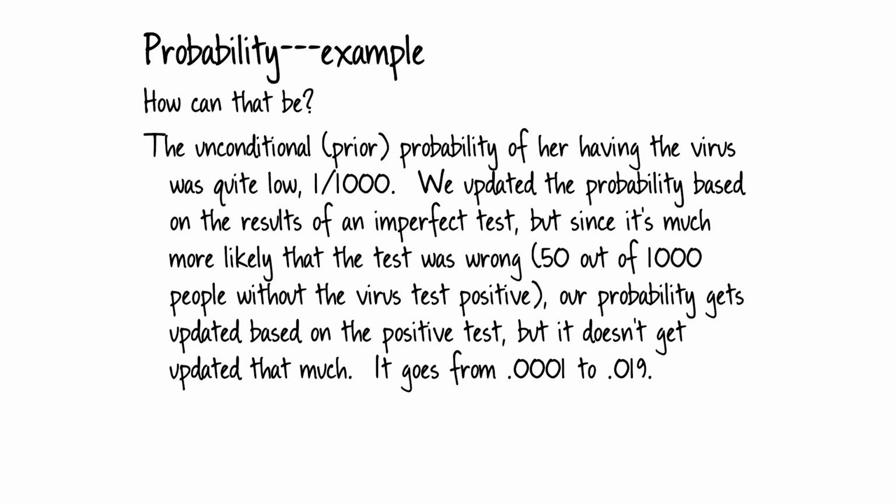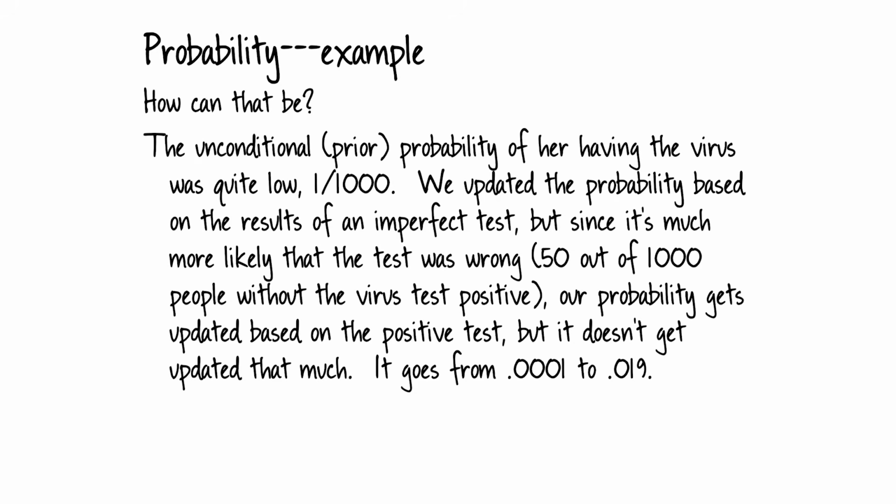Okay? And I think some people probably find this result surprising. Maybe I can give you some intuition to help you understand how this can be. So the unconditional or prior probability of having the virus was quite low, 1 in 1,000. We updated the probability based on the results of this test, but the test was imperfect. So if you think about two counterfactuals, one is that the test was perfect. The probability of her testing positive would be 1 in 1,000.